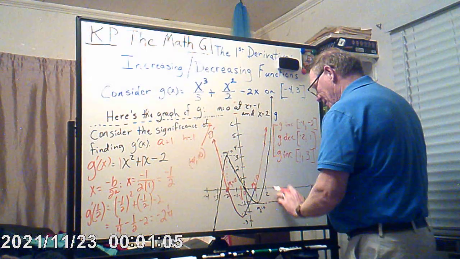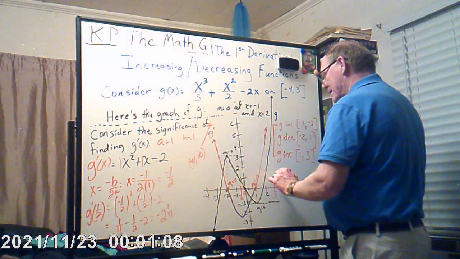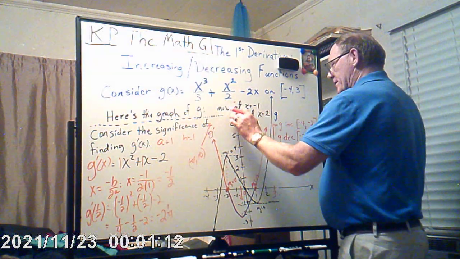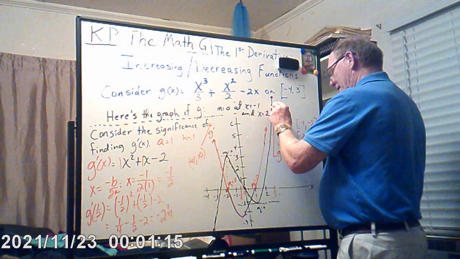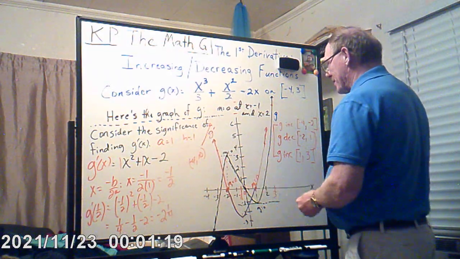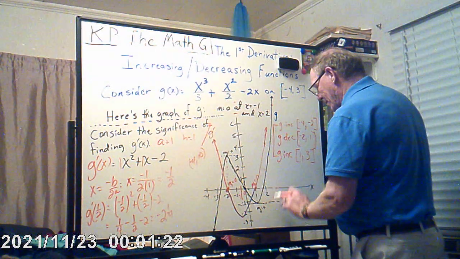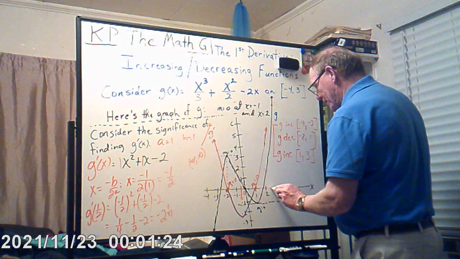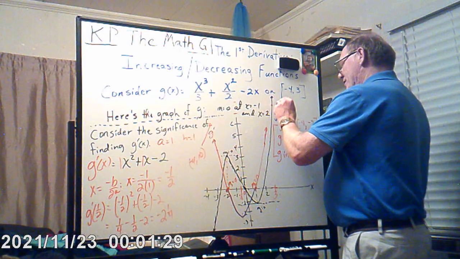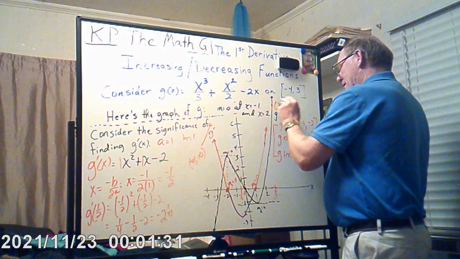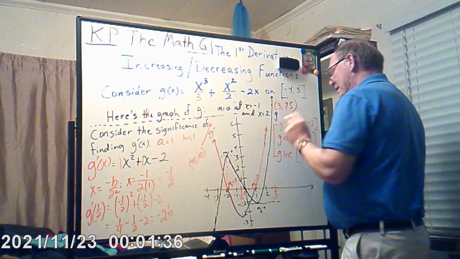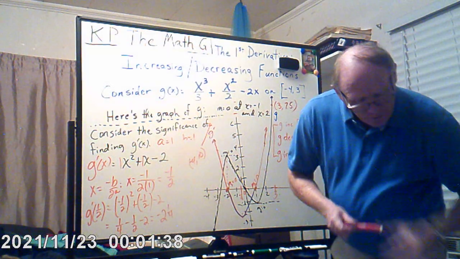We can always scoot the 3 over and cheat it over a little bit, and there we go. 7.5, somewhere right in here. This is not drawn to scale, is it? And I could probably even scoot it over even more. If we want to be technical about this, this is 3, 7.5.